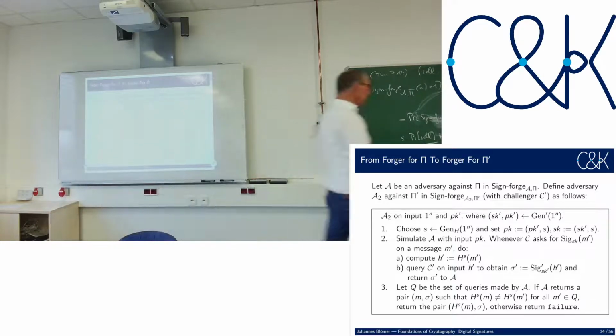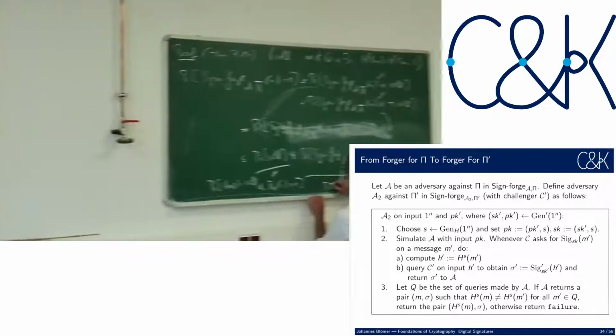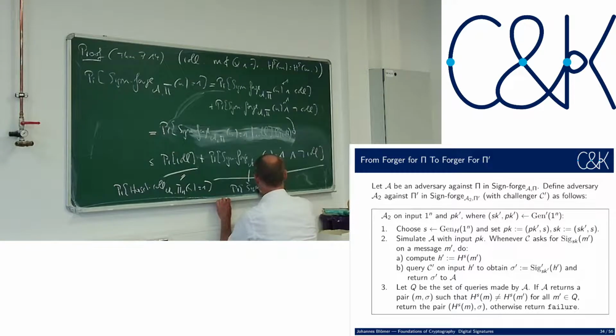So this here really is then the probability that sign forge of A2, pi prime, n is 1.